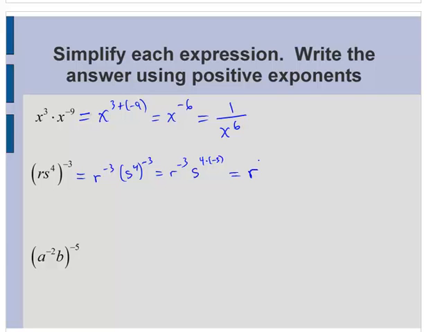So we now have r to the negative third, s to the negative 12th. However, we don't want negative exponents, so r to the negative third is the same as the reciprocal of r to the third. s to the negative 12th is the same as the reciprocal of s to the 12th. Multiplying the fractions, we would have 1 over r cubed s to the 12th.